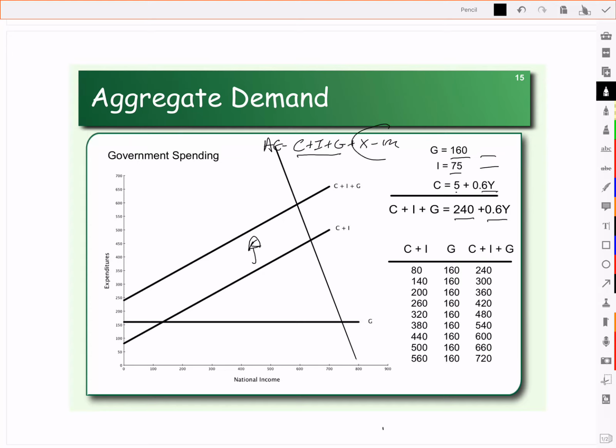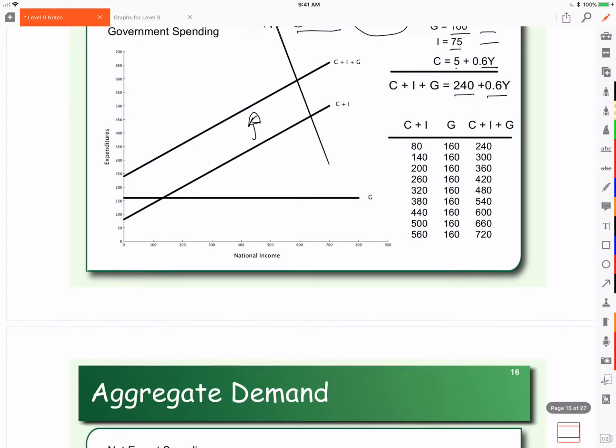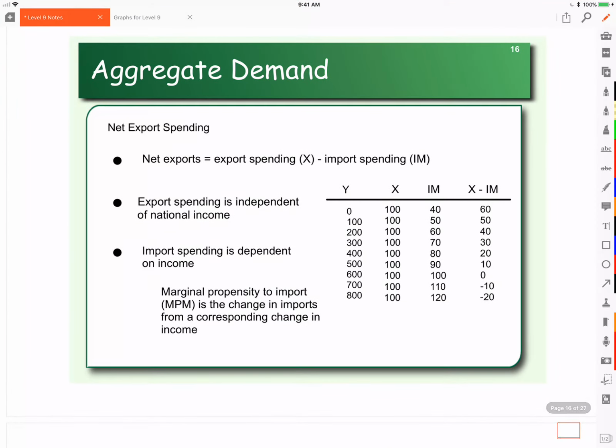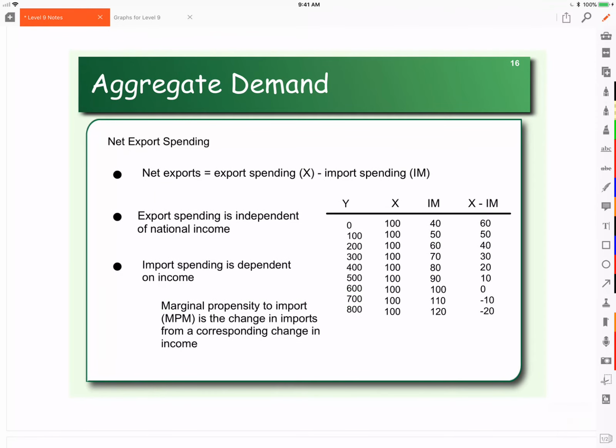So now we want to look at the X minus IM, the last part of our aggregate expenditure formula. So let's look at net exports. Net exports are exports minus imports. Now, exports are when the goods go out to other countries and the money is coming in to ours.